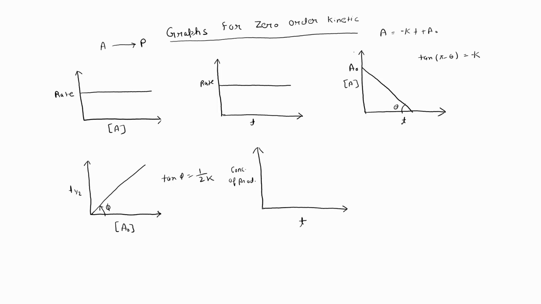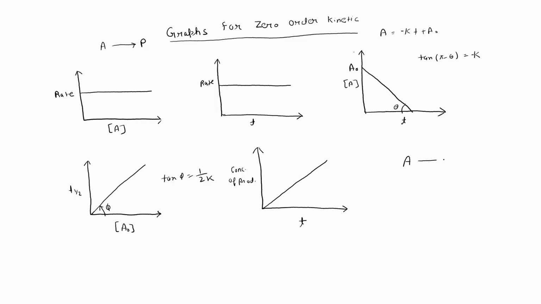So it should also increase. The reason is simple. If A decreases, P increases. Since A decreases linearly, P increases linearly. We can say this from logic, and I will also prove it from the math.